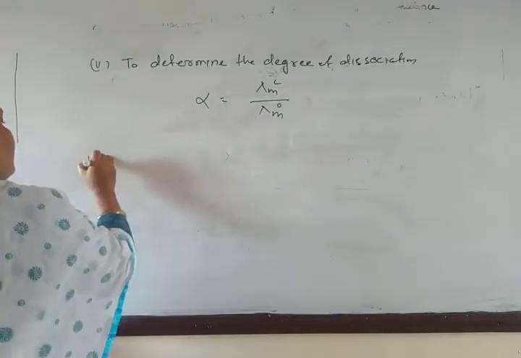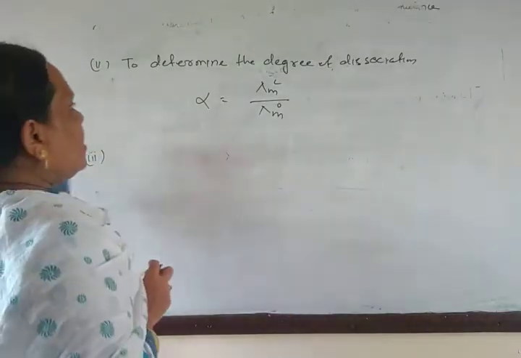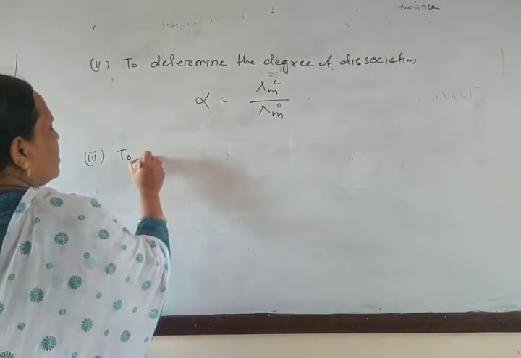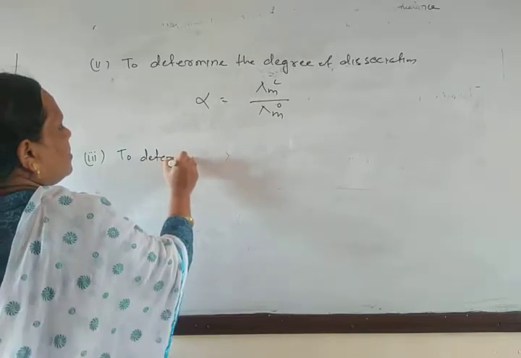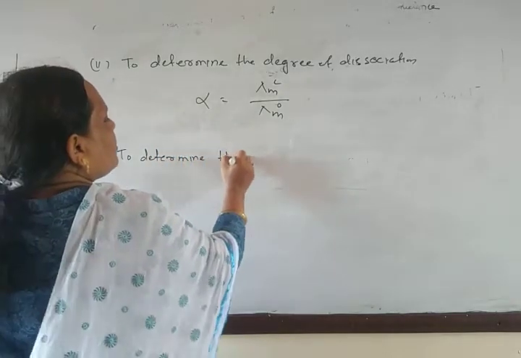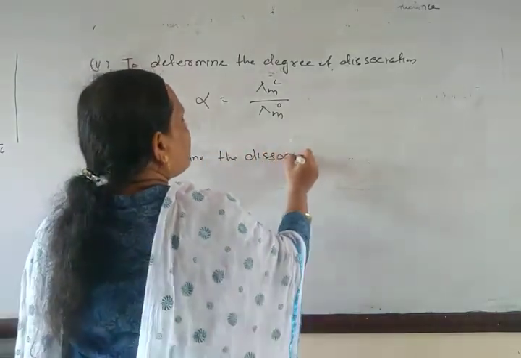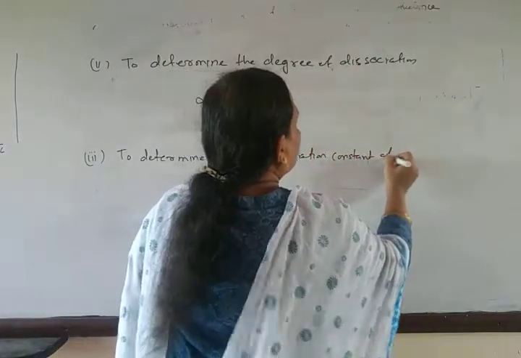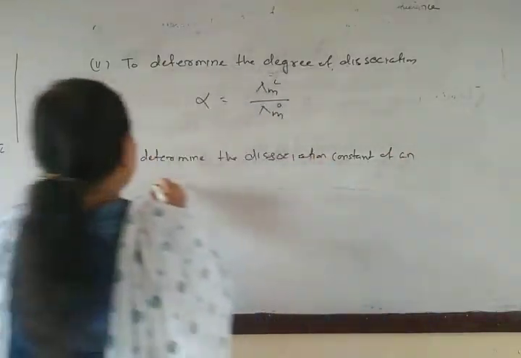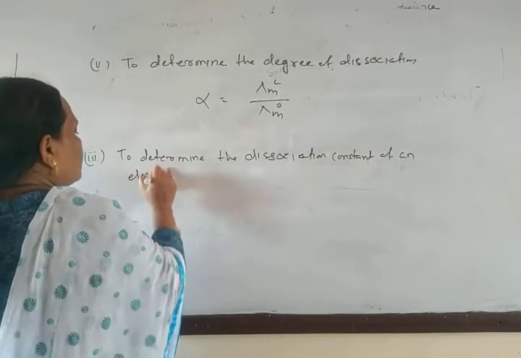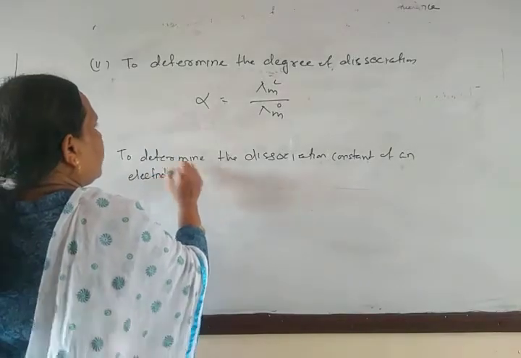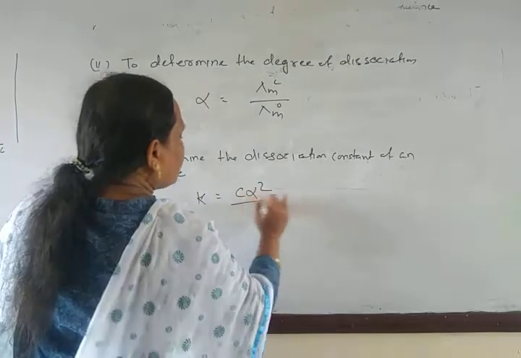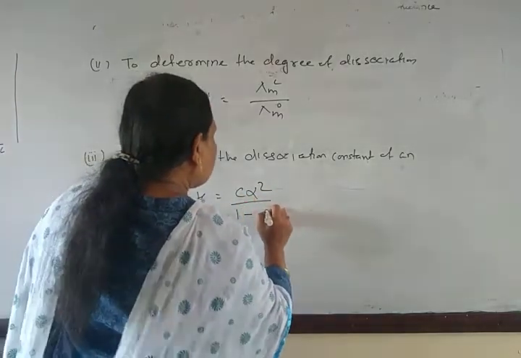And this is also helpful to determine the dissociation constant of an electrolyte, by the formula dissociation constant K equals C alpha square by 1 minus alpha.